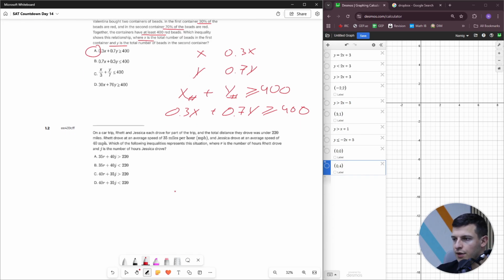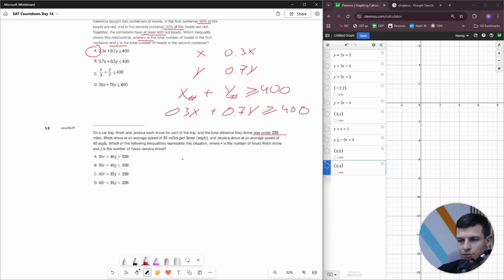On a car trip, Red and Jessica each drove for part of the trip, and the total distance they drove was under 220 miles. Under means what?